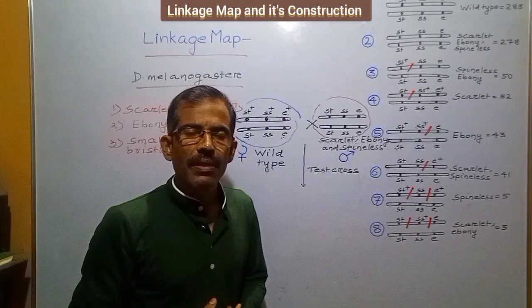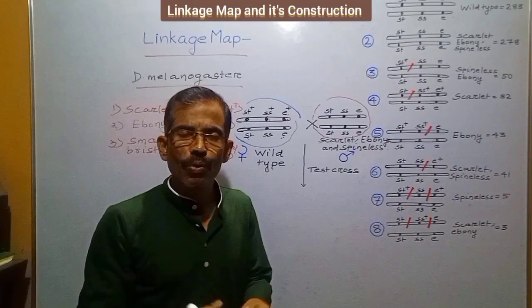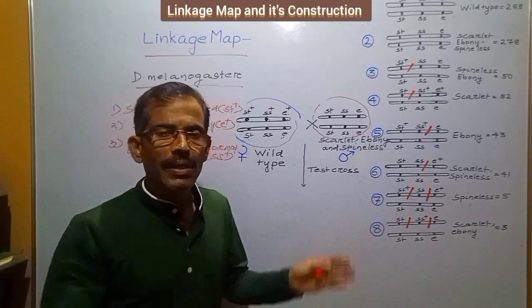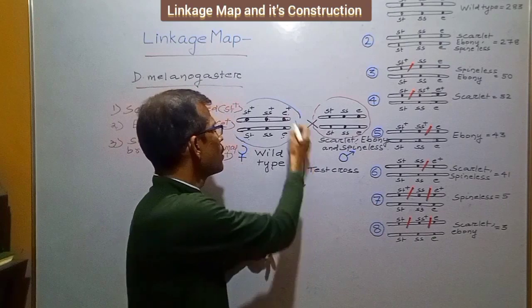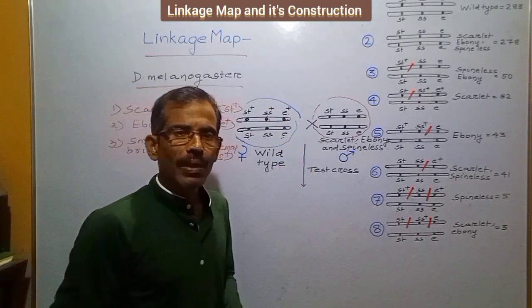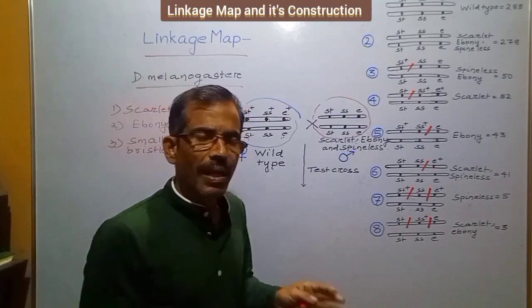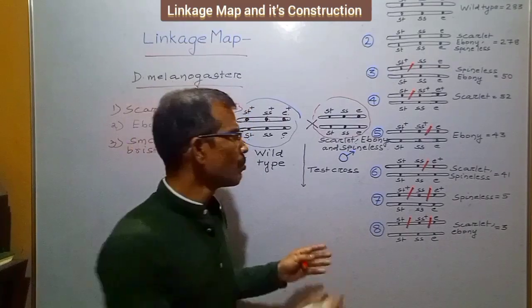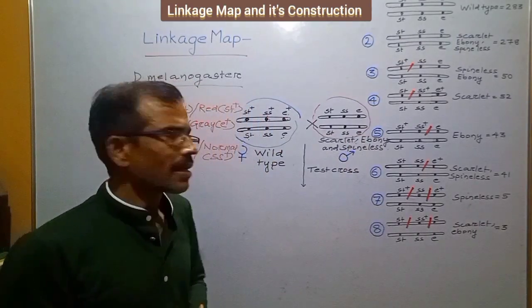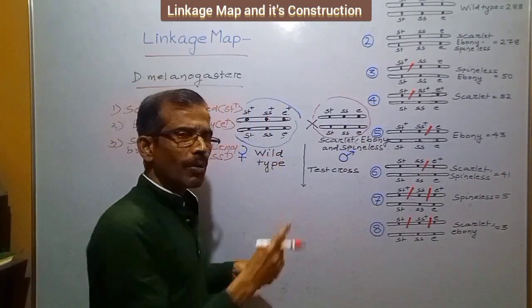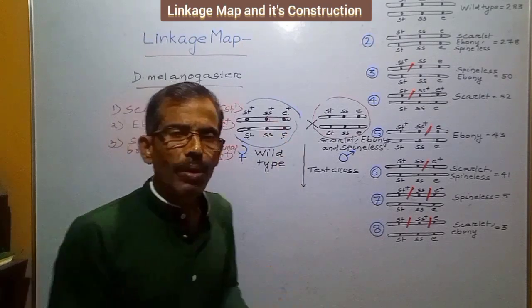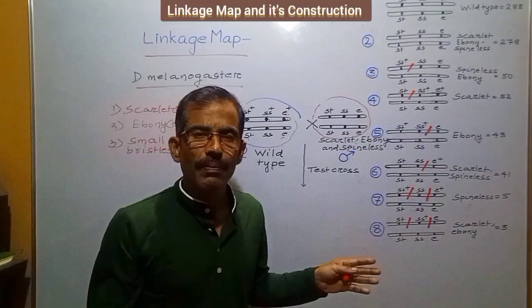As a result, the information that we require for mapping comes entirely from the gametes produced by the female heterozygous parent. Because all the alleles in the gametes produced by the homozygous parent are recessive, the alleles present on the chromosome of the gametes produced by the heterozygous parent will be expressed in the progeny.